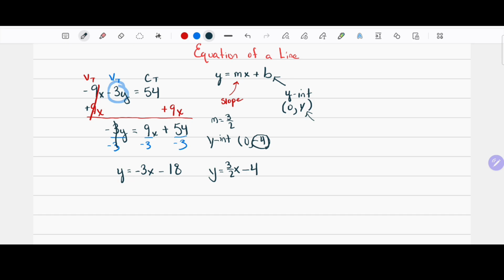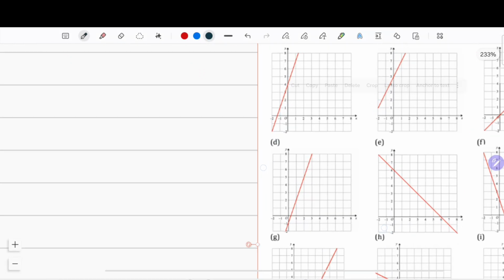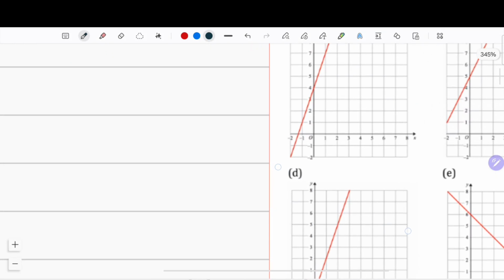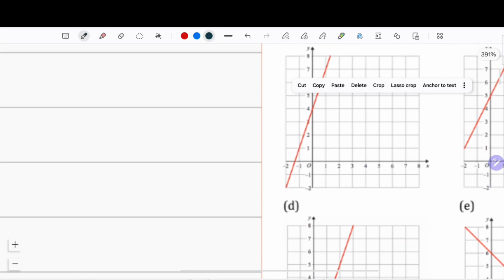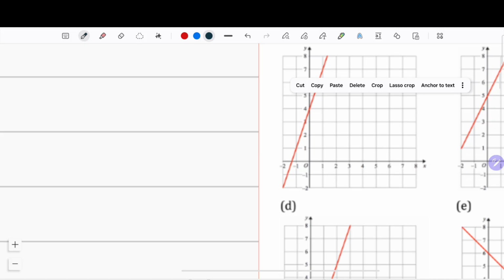So let's get a little practice on identifying the y-intercept. Let's take this first graph here. The y-intercept of a graph is the point where the line crosses the y-axis. Remember, the y-axis goes up and down.